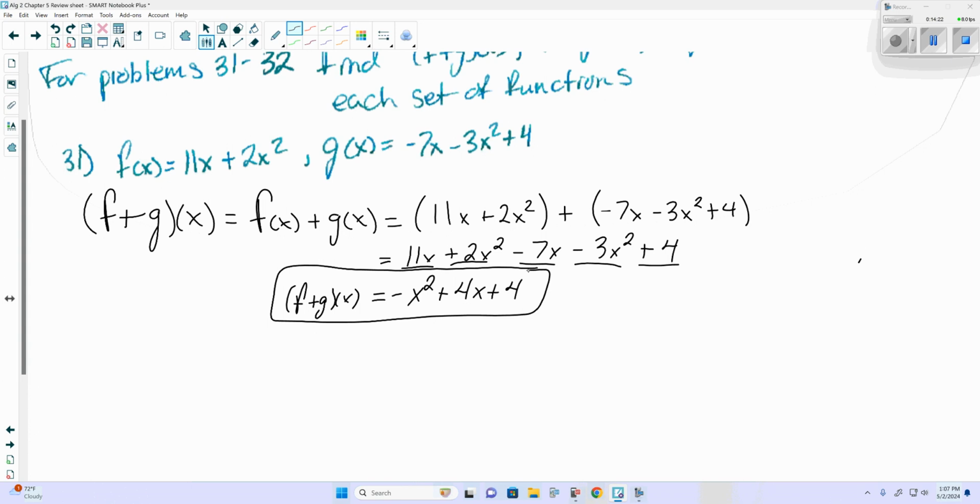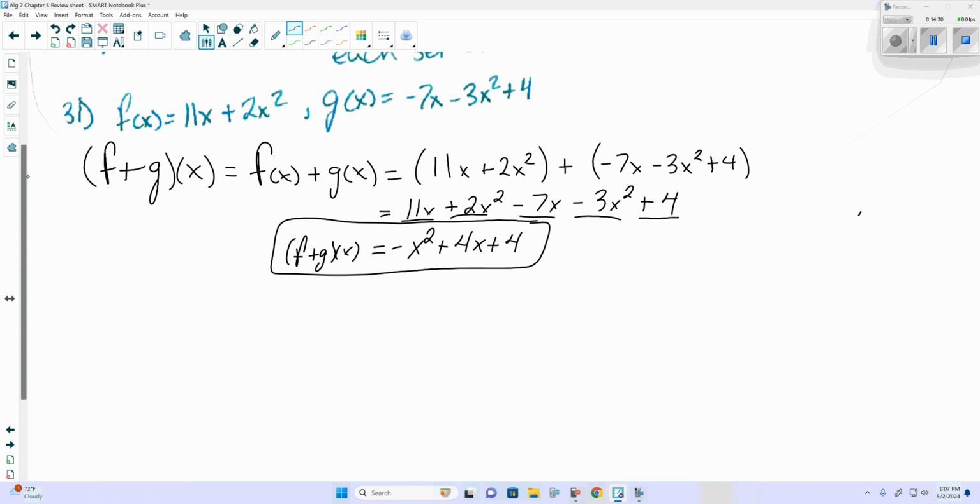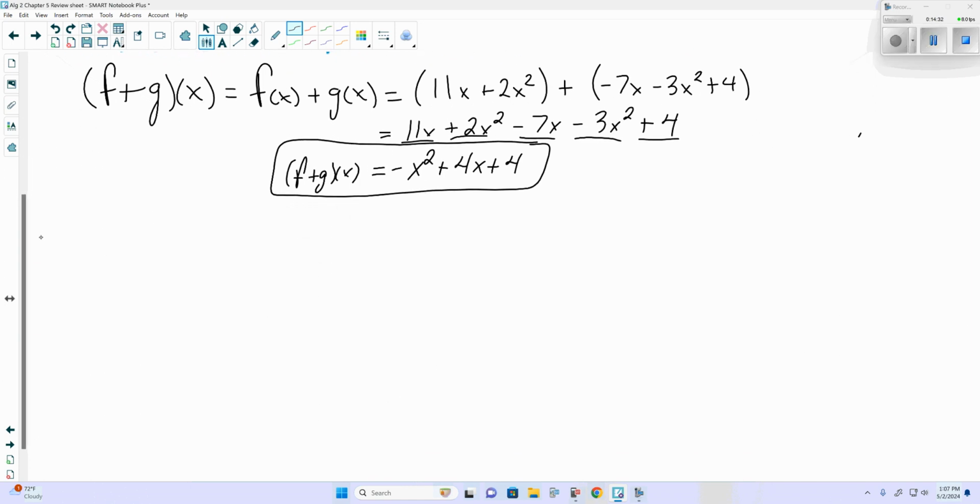Question on this so far? All right, we're a fourth of the way done. Because now we're going to do f minus g of x, which is f of x minus g of x.